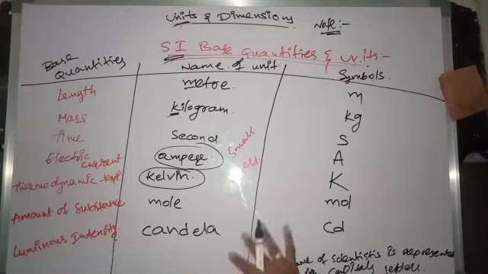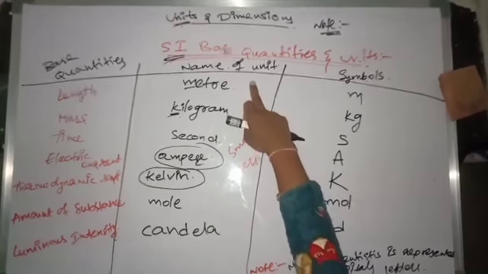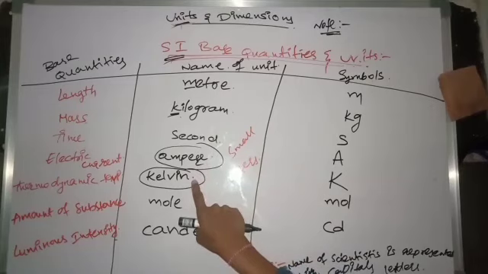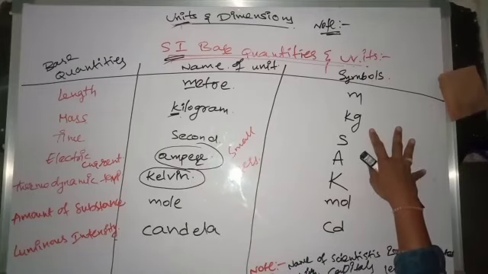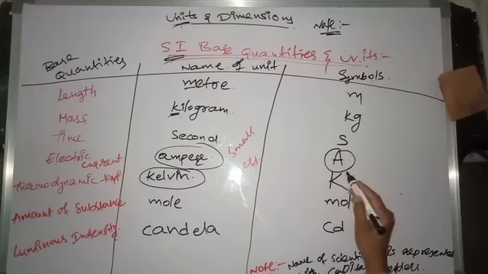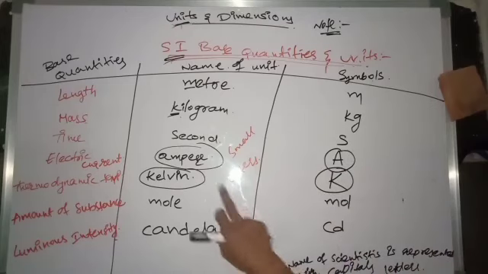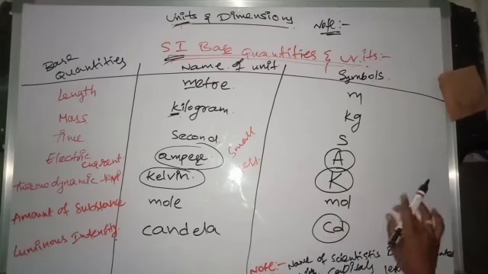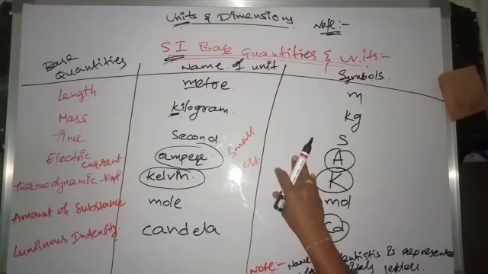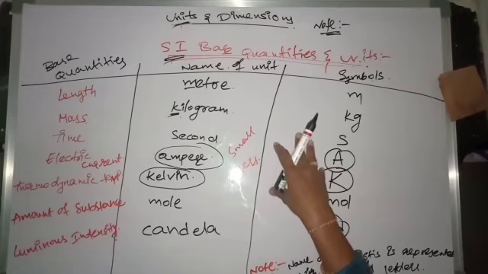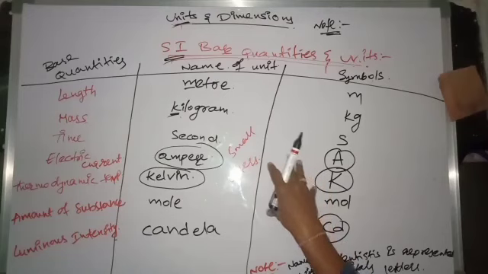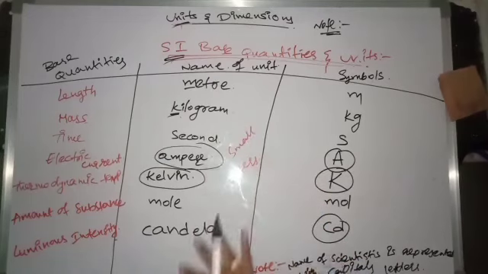Okay, so we have two rules. One is for writing the names of the units we have to use only small letters, also for scientist names. And coming to the symbols, you have to use capital letters for representing the name of the scientist and the remaining are small letters. Okay, this is about fundamental physical quantities, SI base physical quantities and units and symbols for representing the name of the units.